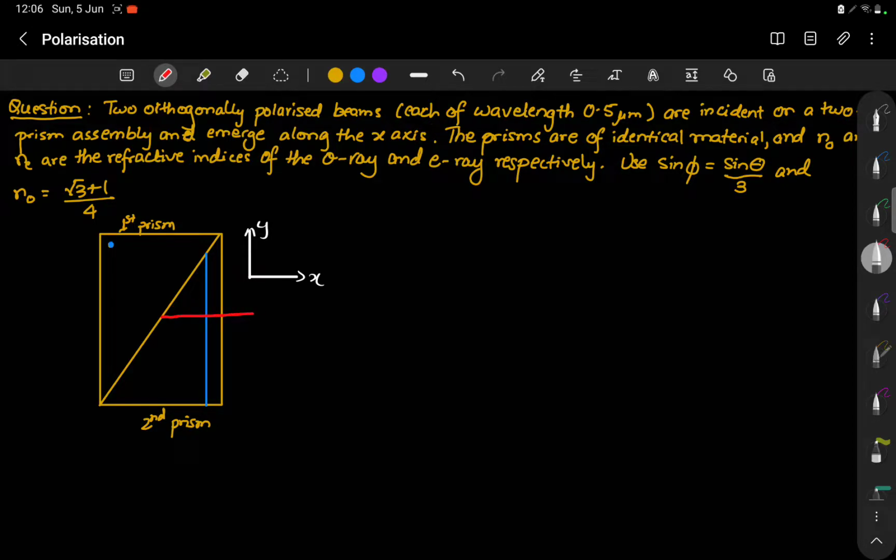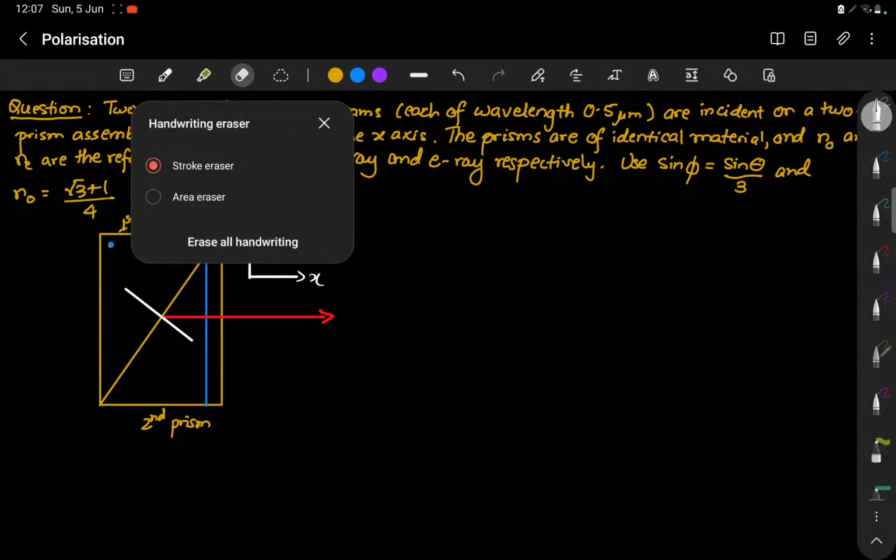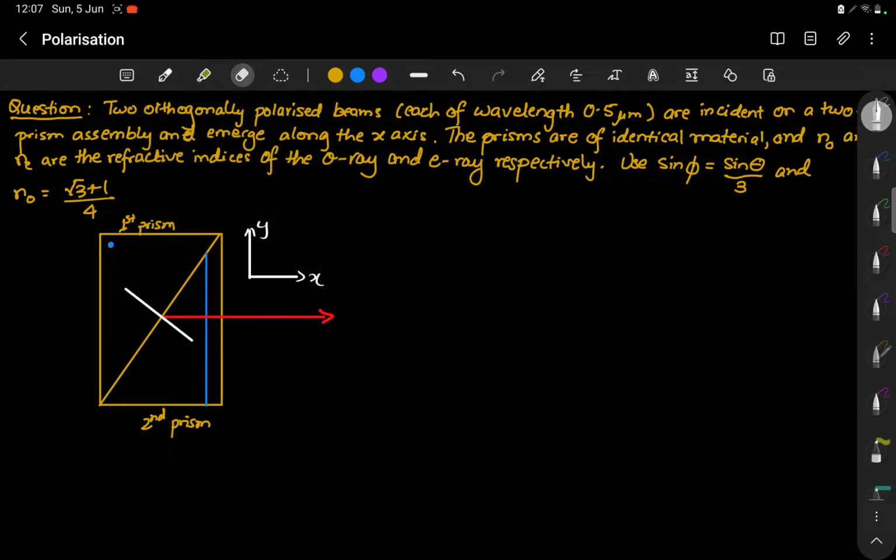So we can draw a normal at this point. This is the normal to the given interface that we have.